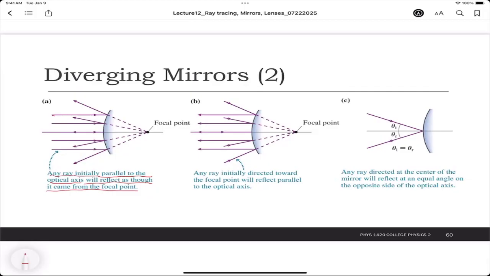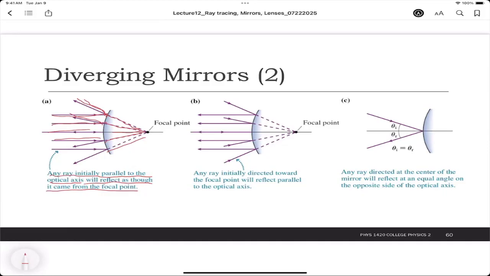You can see there are some parallel rays, and they will diverge away from the mirror. And if you extend those rays, they will converge to the focal point. It seems like it came from the focal point.